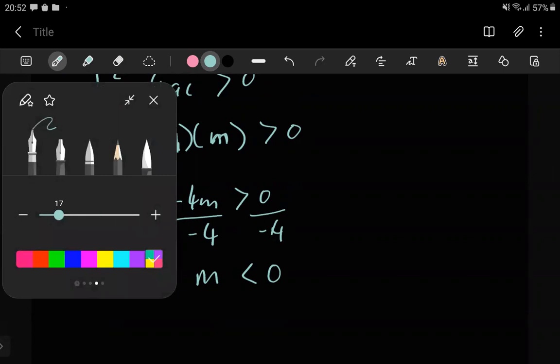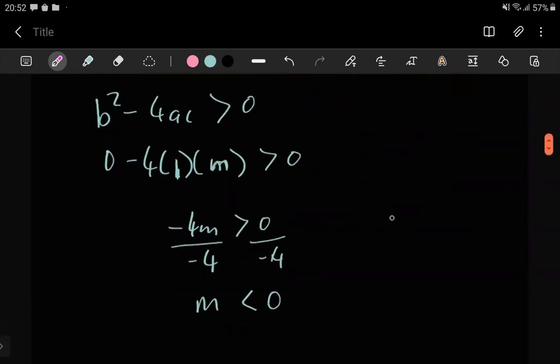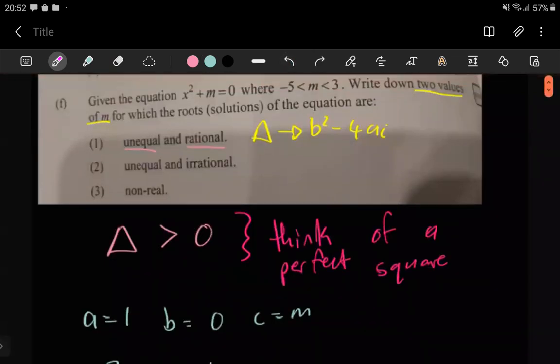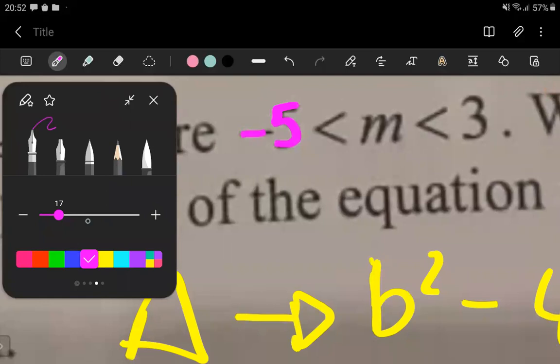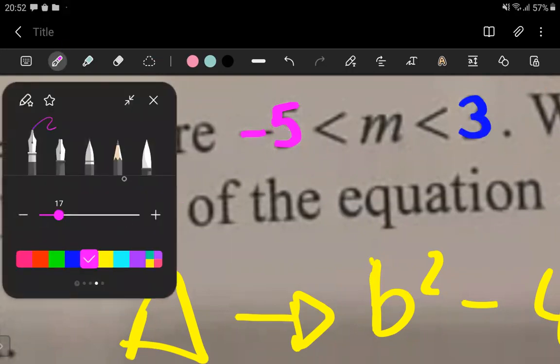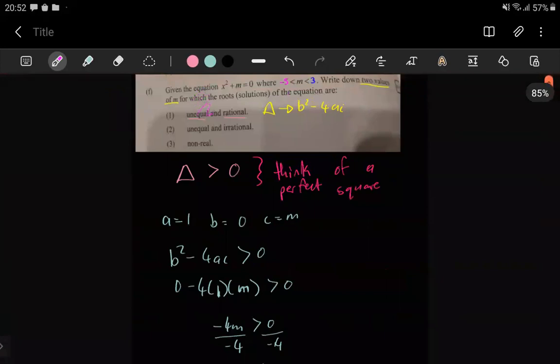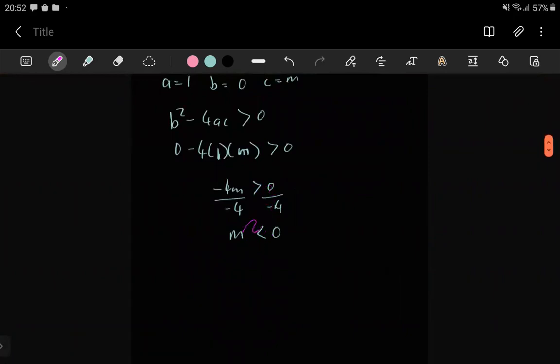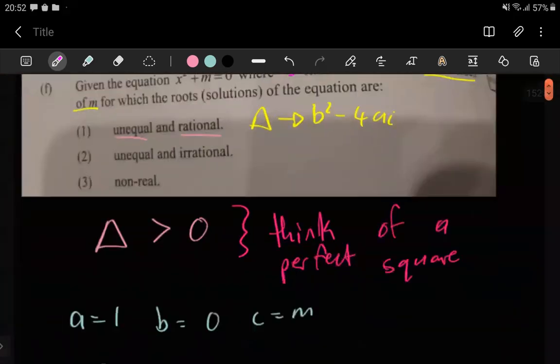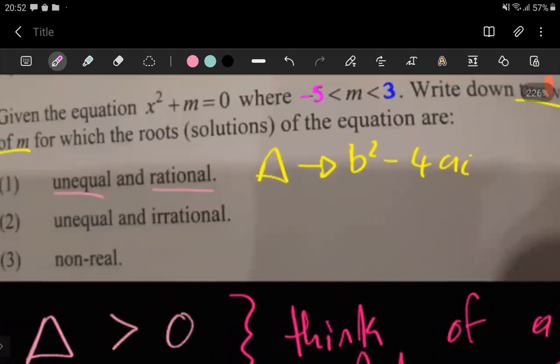But the issue is they told us that m has to be between -5 and 3. So it's -5 here, and there's 3 over there. Our answer is saying that for us to have unequal roots, before we deal with the rational part, our value of m needs to be smaller than 0.